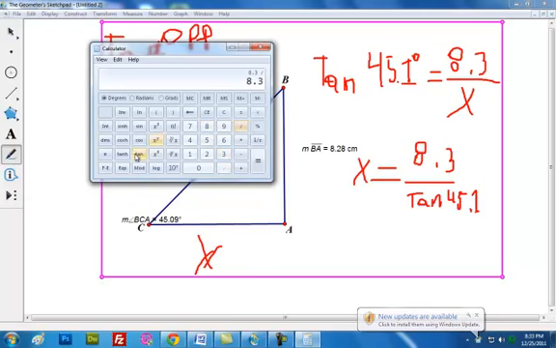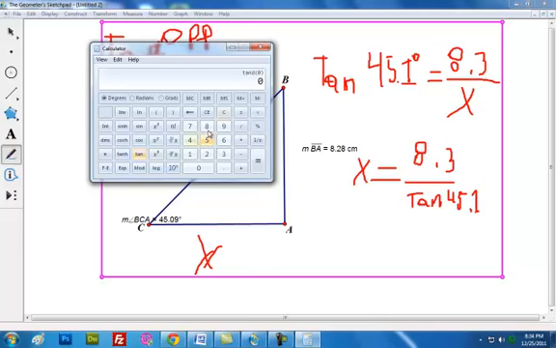Let me try again. I'm not sure if this is working. Okay, so we can just enter this in our calculator.